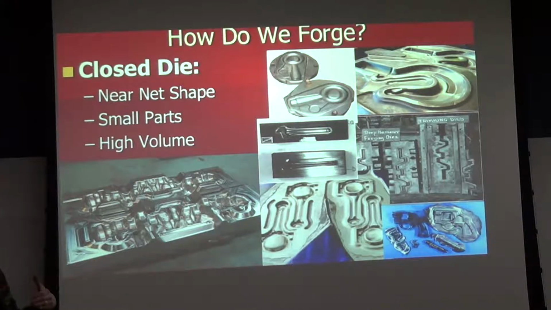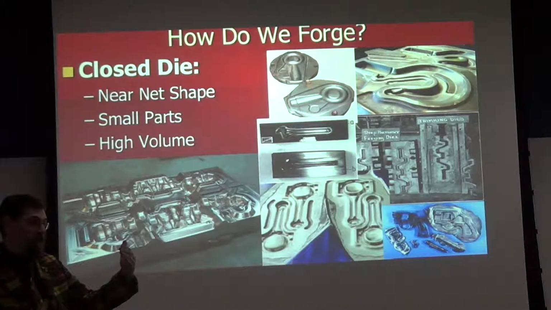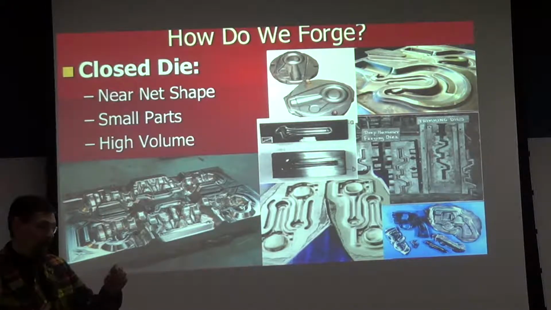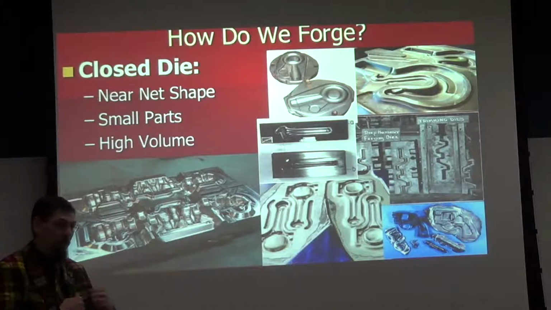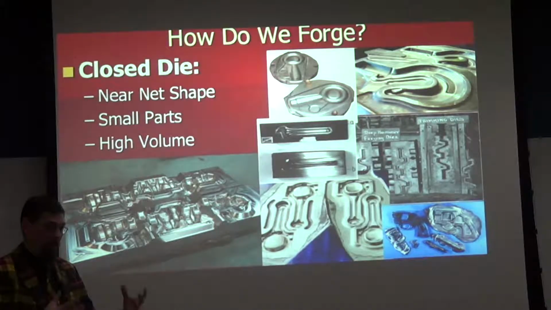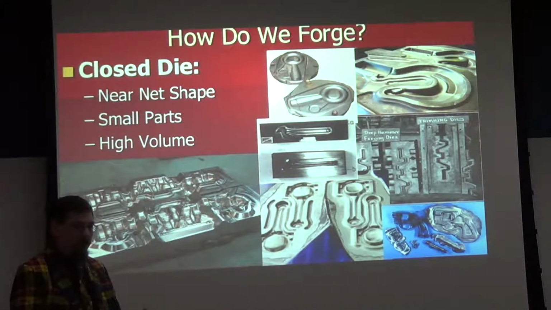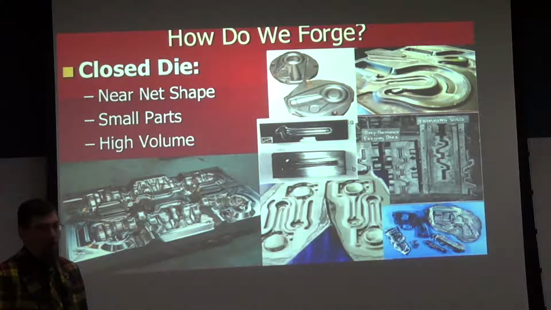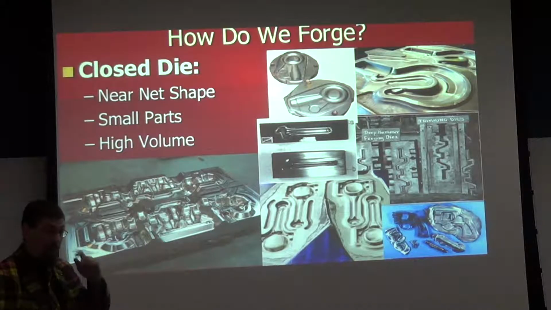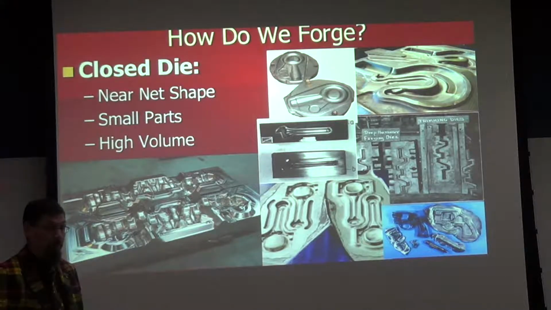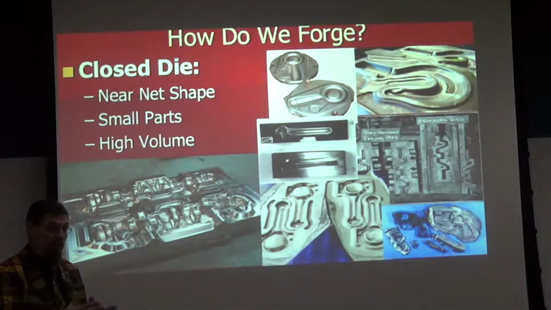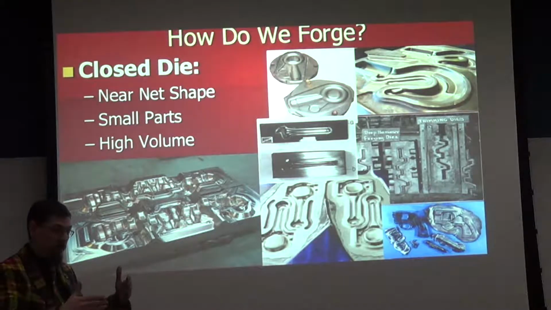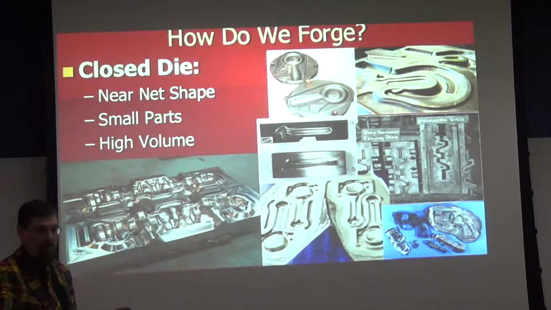So you can have a bar that's your starting stock, it'll go through an induction heater and be sheared, and then that little slug is put into the machine and it's impacted, and you get metal flow into the features that you want. And those are going to be operating at very high rates, so much so that they actually have to put special inspection in the line, because a standard bar length is say 20 feet.